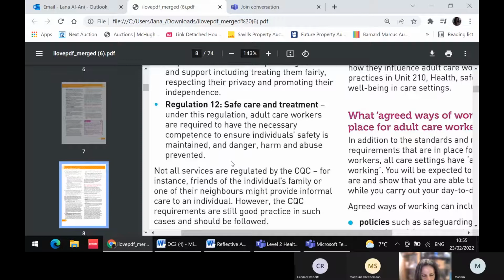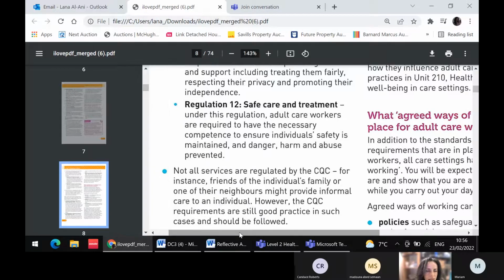So under this regulation, we all, as adult carers, should follow what is required from us and have the necessary competence, so we ensure our clients are always safe from danger and harm. How we maintain the standard, or how we become competent, is by following the training. Always, that's why you can say I'm studying my level 2 health and social care, to be competent and to follow the standards.